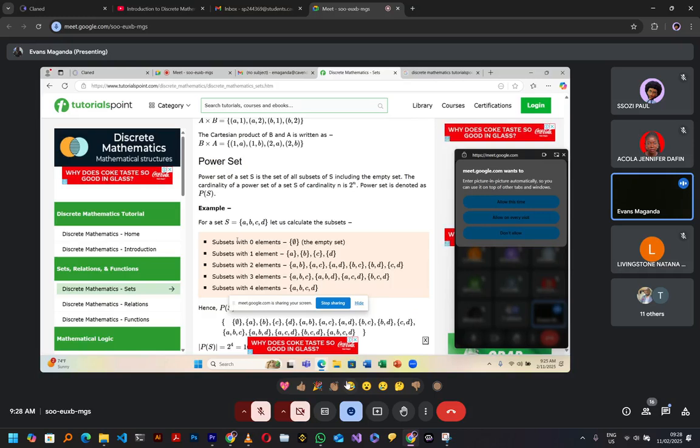That also means the same thing, because we have said even an empty set is part of it. Okay, then let's look at the sets with single elements: A, B, C, D.